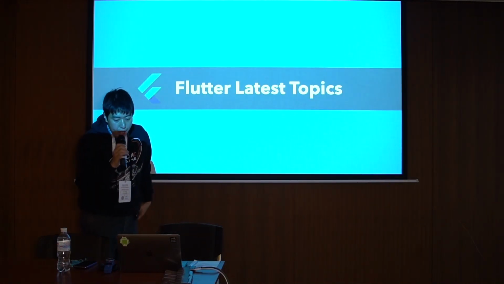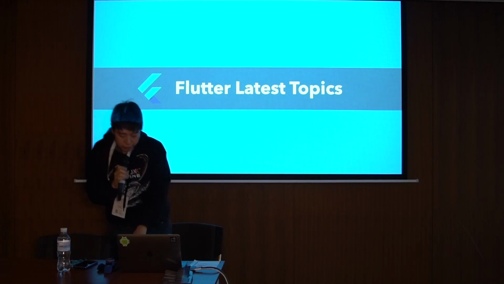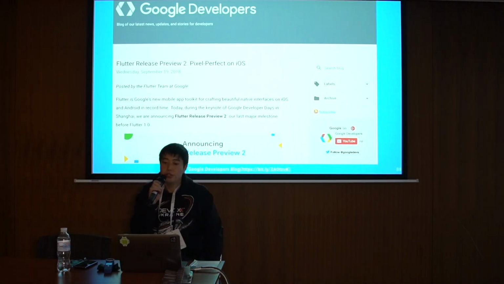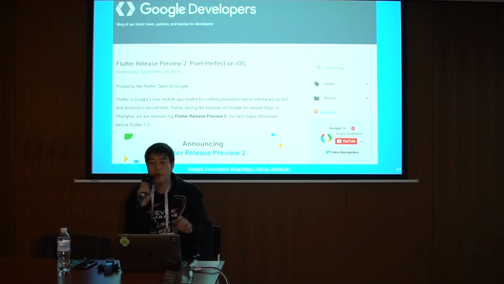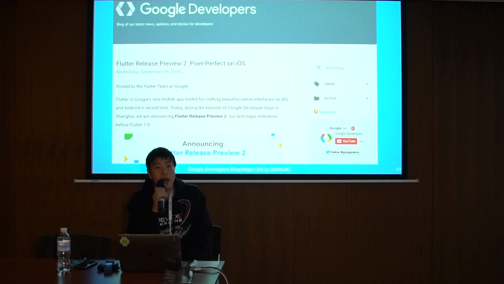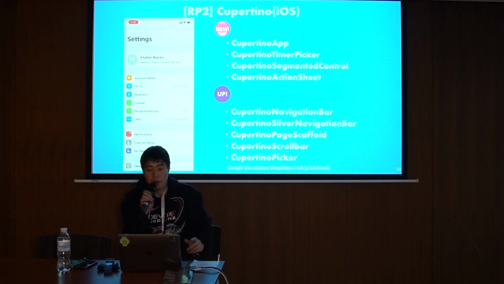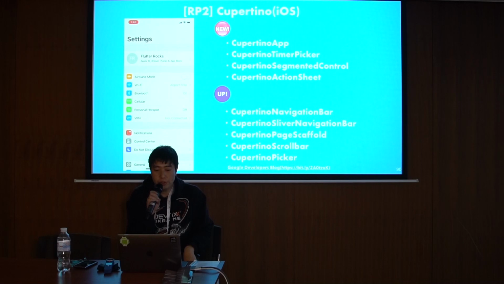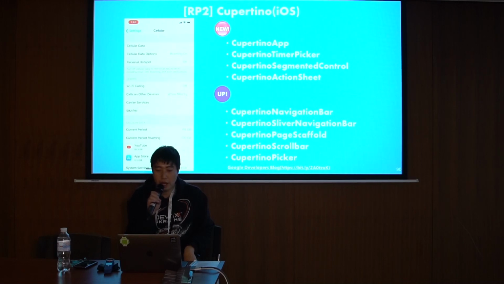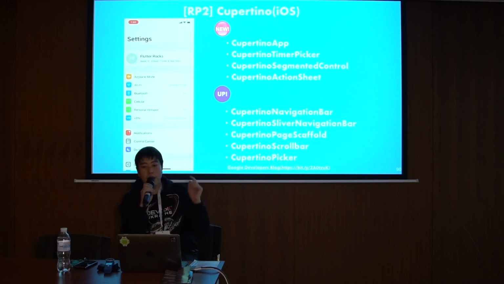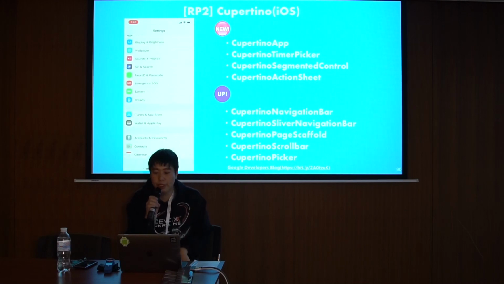Finally, I'll talk about the latest Flutter topic. Flutter is new technology. It's not version 1.0 yet. It's now Release Preview 2, but it's almost stable, so I can create production applications. In Release Preview 2, a lot of iOS Cupertino widgets are supported.